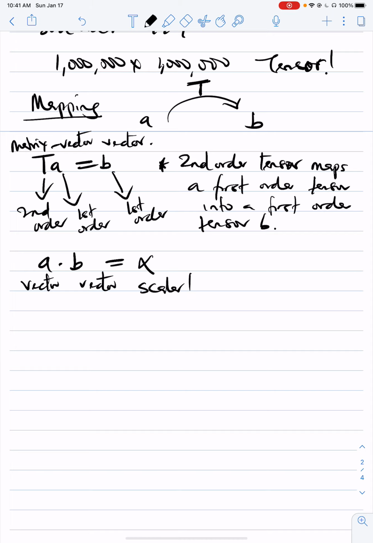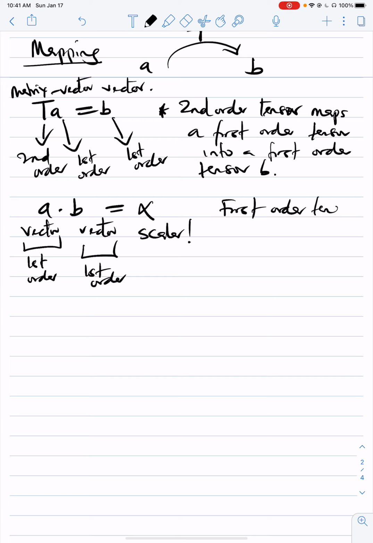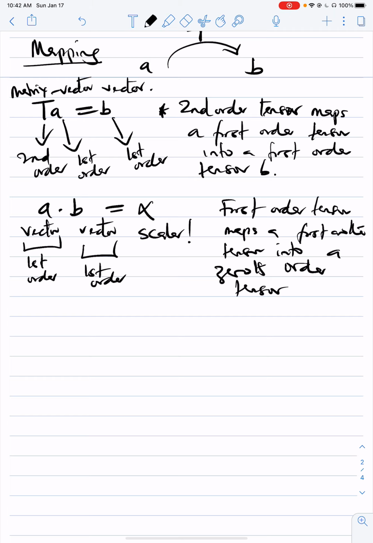A vector is also a first order tensor, right? So basically what has just happened is a first order tensor maps another first order tensor into a zeroth order tensor alpha.